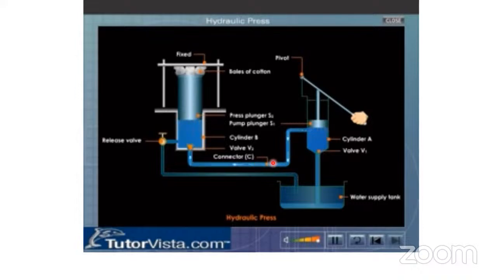The water from cylinder A is forced into cylinder B, due to which the press plunger S2 is raised against the fixed roof, and the bales of cotton placed on the press plunger S2 get compressed.